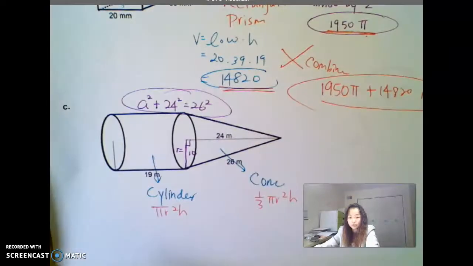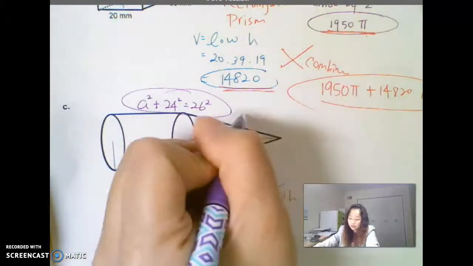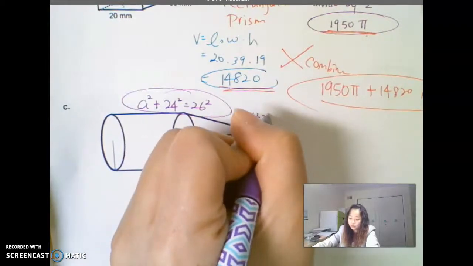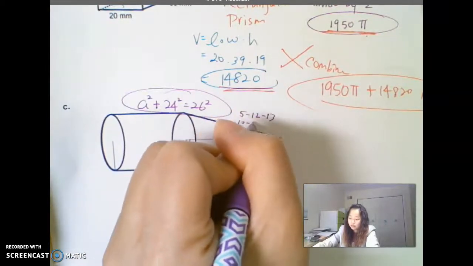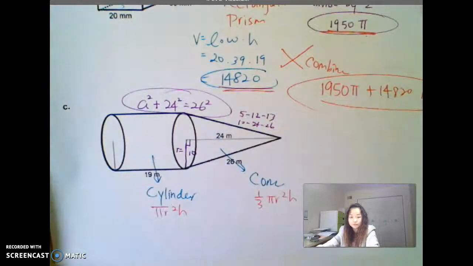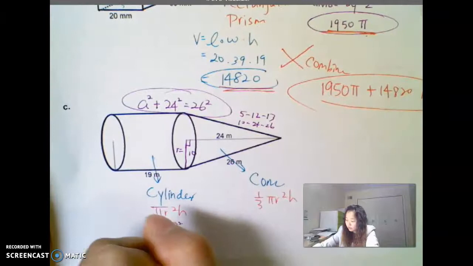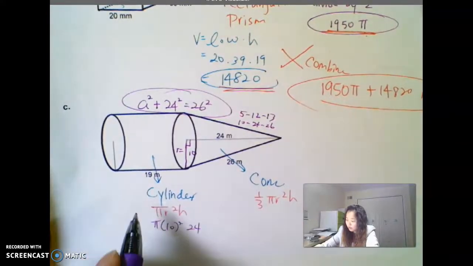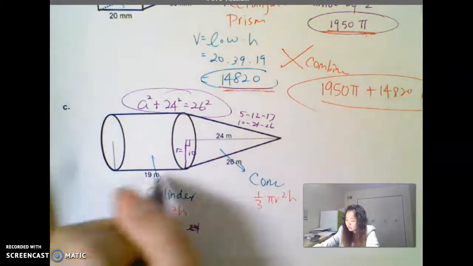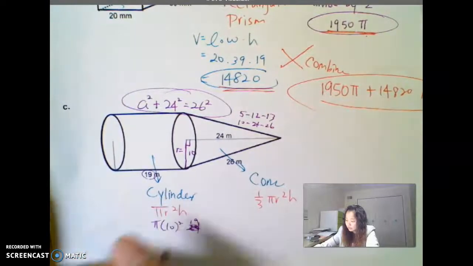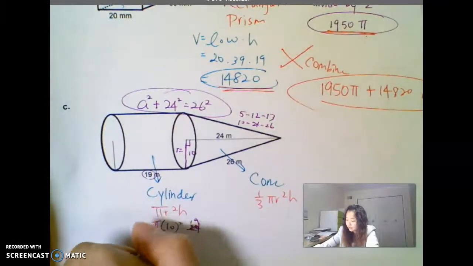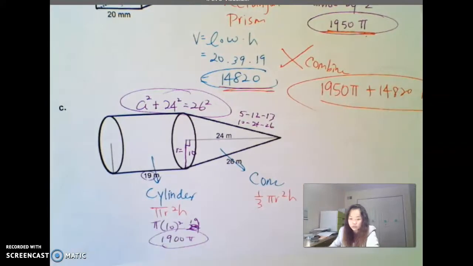You should get a equals 10. I just knew it was 10 because it's a 5, 12, 13, but double everything. So pi, 10 squared, times the height. Oh, I'm sorry, the cylinder's height is 19. So that makes 1900 pi for the cylinder.